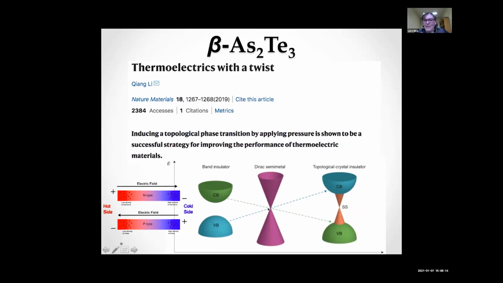And then you have this Dirac semi-metal, like I showed in the graphene, in which the valence band and conduction band touch at only one point at the Fermi level. This is a semi-metal. And then you have a topological insulator, in which the bulk states are insulating. However, the surface states would enable the conduction of electrons, and they are topologically protected.